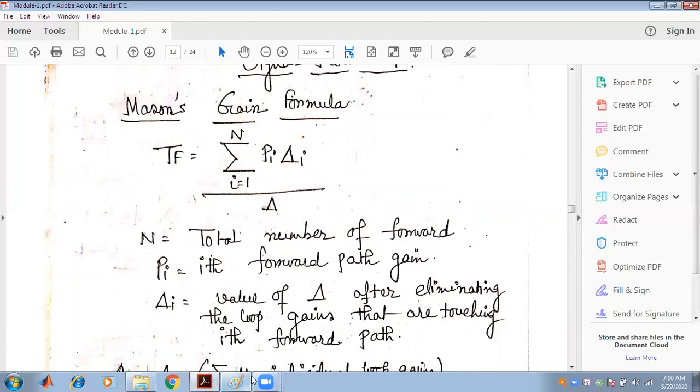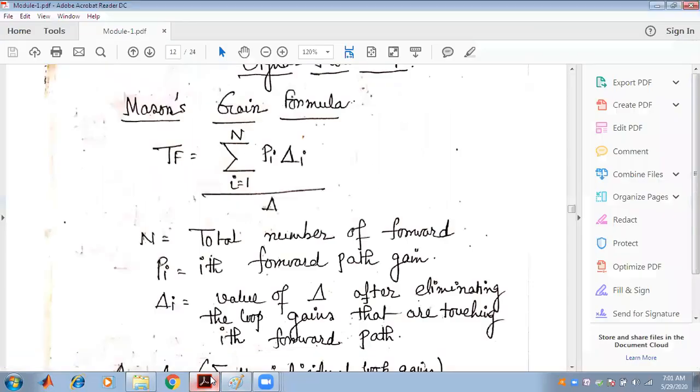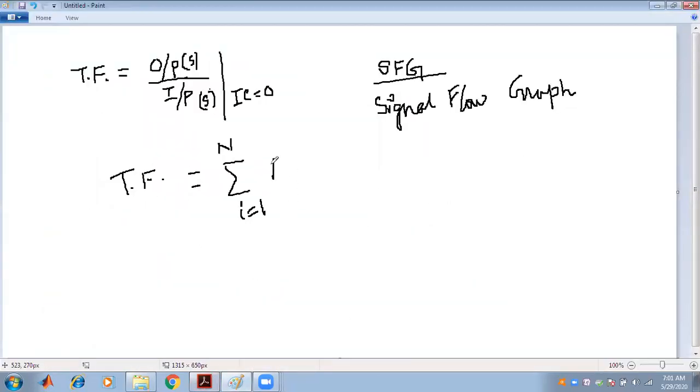So the transfer function can be calculated as summation from i equals 1 to n of Pi del i, divided by del.